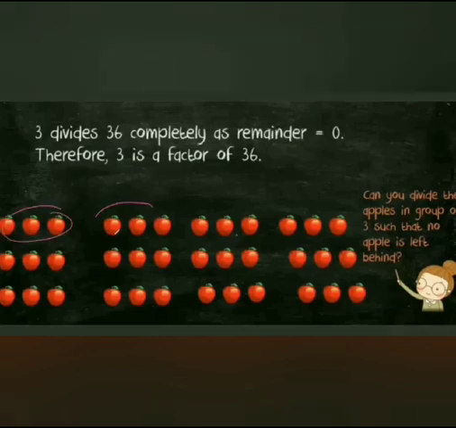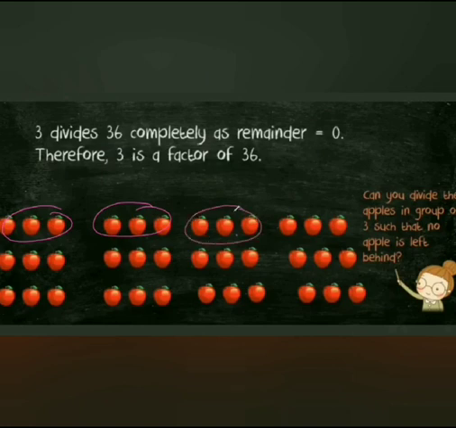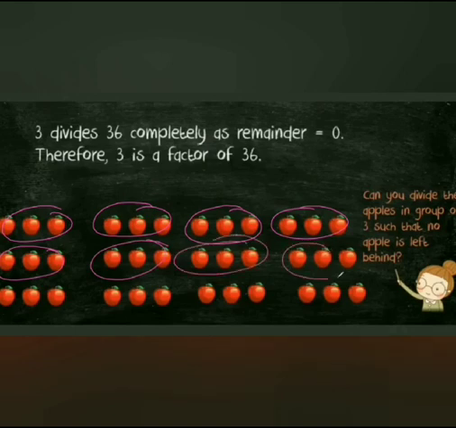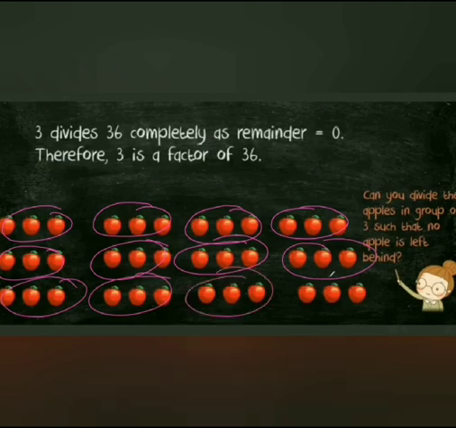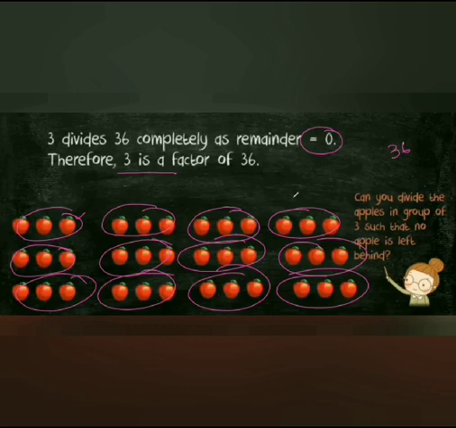This is group 1, group 2, 3, 4, 5, 6, 7, 8, 9, 10, 11, and 12. That means after dividing 36 apples in groups of 3, there is no remainder left. That means we can say that 3 is a factor of 36.